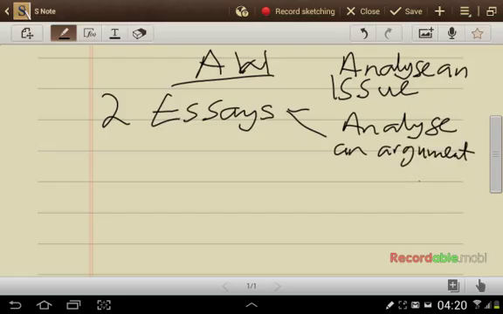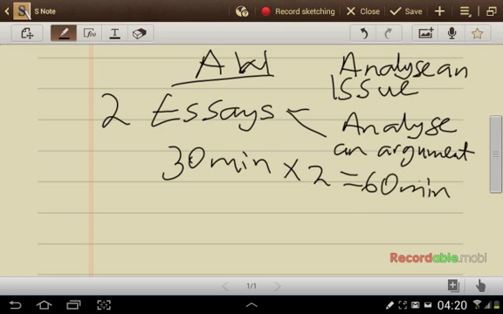You'll be presented with an issue topic for you to respond to, and then another argument for you to respond to. Each subsection takes 30 minutes, so in all, we have 60 minutes for the analytical writing section.